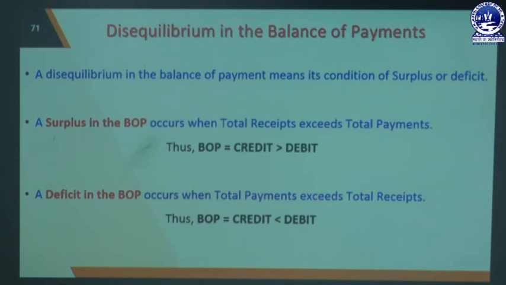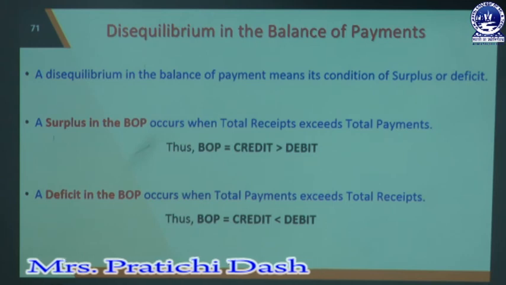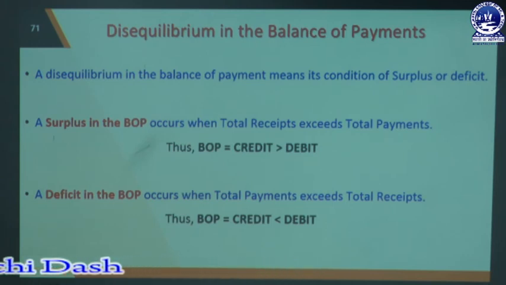A disequilibrium in the balance of payments means a condition of surplus or deficit. That means when the receipt side is not equal to the payment side, or when the debit side is not equal to the credit side, it represents disequilibrium in the balance of payments. The balance of payments may be in surplus or in deficit.